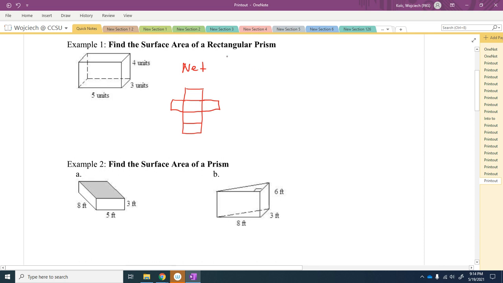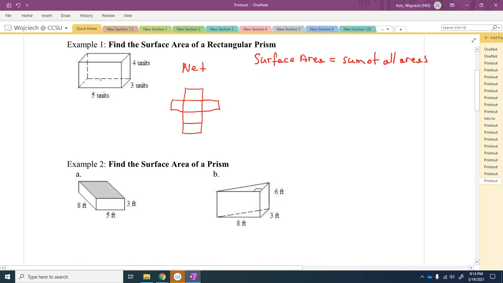So, how do we find surface area? Surface area is the sum of all areas.